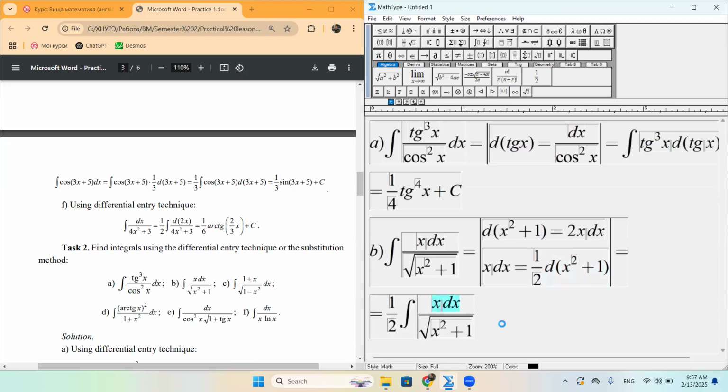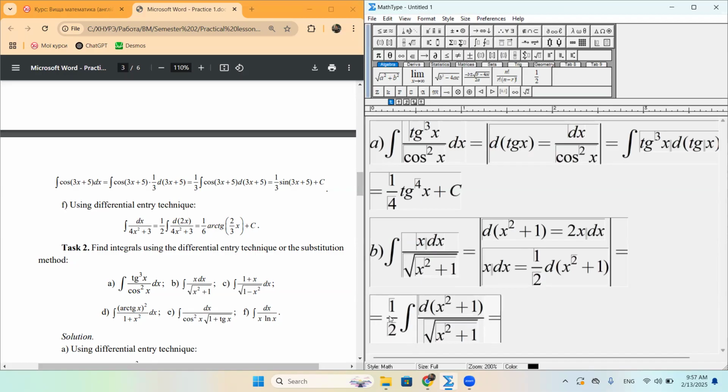I have this, and we have just a power function. So this is u in power of minus 1 second, and the antiderivative will be 2 u in power of 1 second.